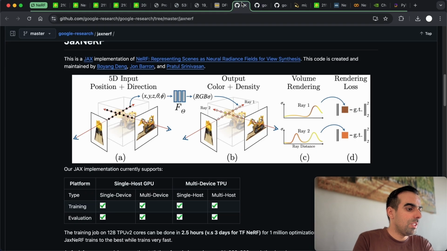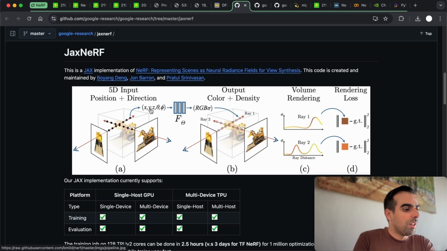So you are trying to feed 5 things: X, Y, Z, the 3D coordinates, and theta and phi for the viewing direction. This is the position, this is the direction. And you're trying to predict the color and the opacity, sigma.